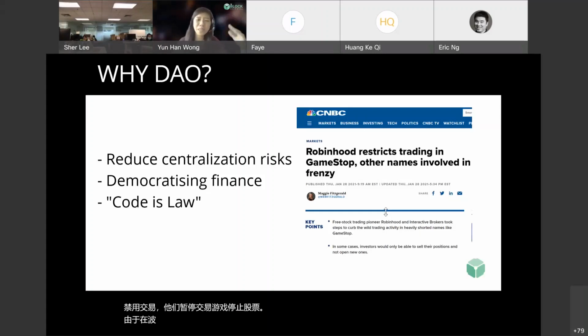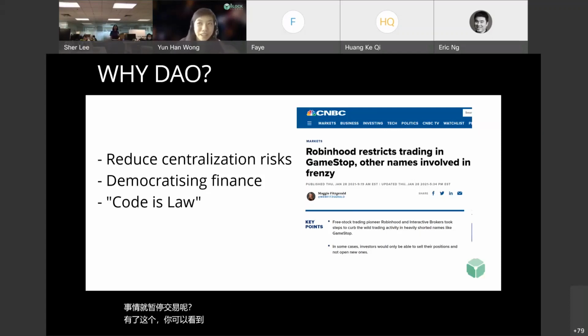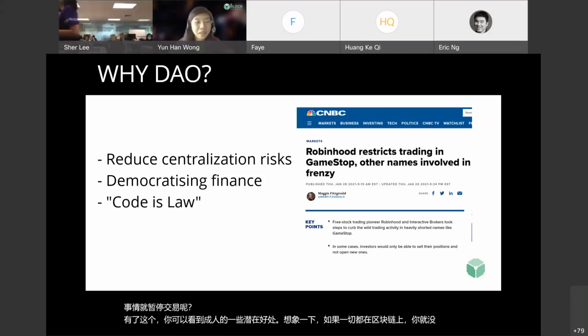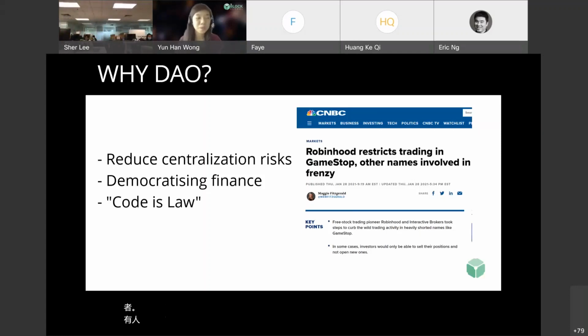All right, so some people will say this is unfair, this is not good, because how can you suspend trading just because something happened? And with this, you can see some potential benefits of a DAO. Imagine if everything is on a blockchain, you have no leader. Can anyone anyhow suspend trading? No, because this protocol will automatically work.